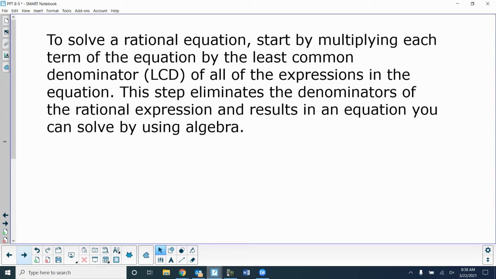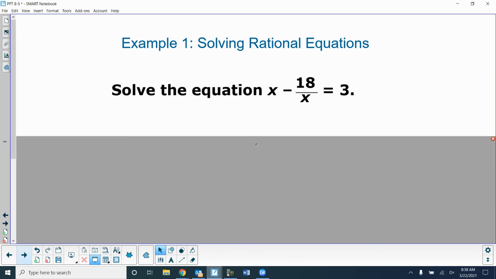That eliminates the denominator of the rational expression and results in an equation we can solve using algebra. So we're going to get rid of the fraction. It won't be a fraction after the first step, after we multiply every part of the equation by the common denominator.